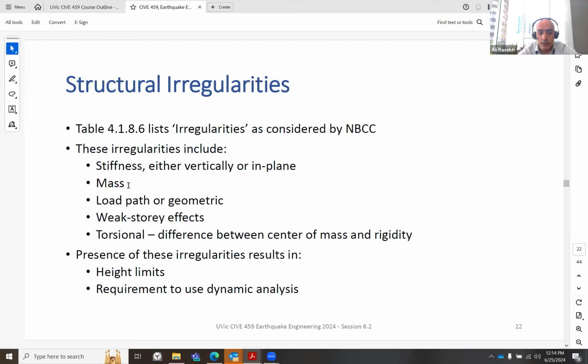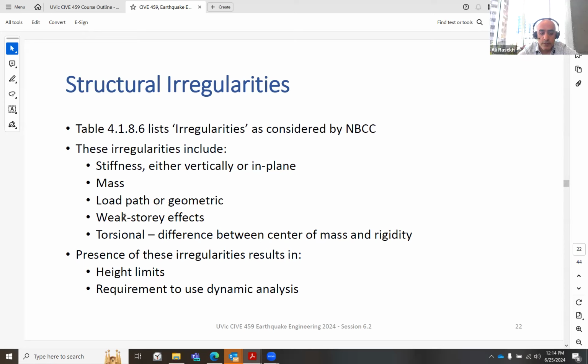When there is a radical change in mass, like one floor is suddenly designed to be very heavy for equipment, while the floors above or below it are less massive. Load path or geometry, when the geometry suddenly changes in a building.